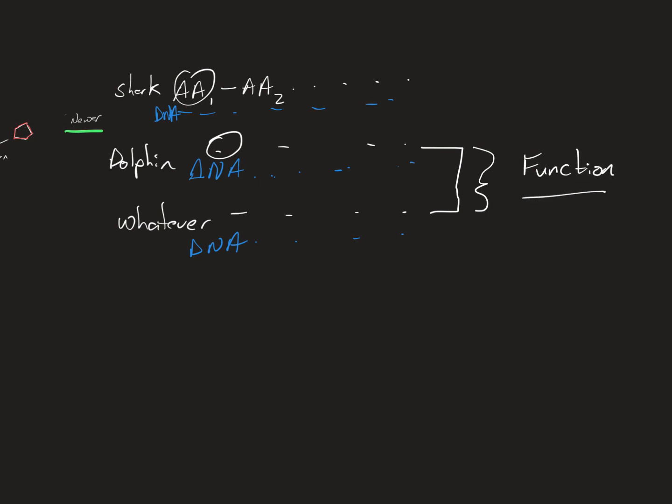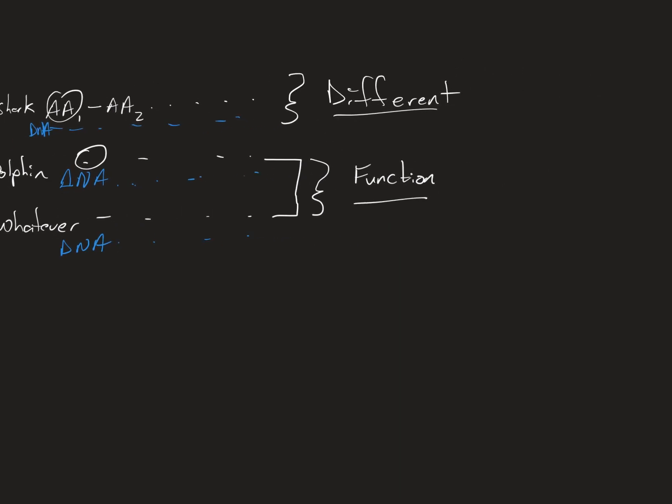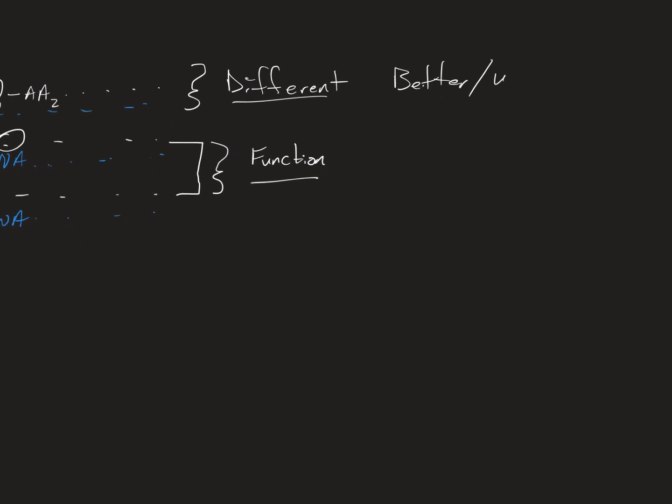So these two can function very much in the same area. If this function is different because its amino acids are different, then that protein is either going to work better or worse than this protein. So this is either going to be better or worse than the protein that's different.